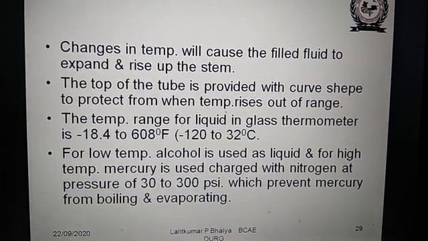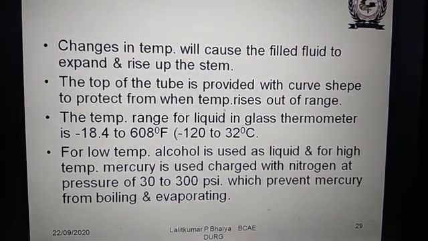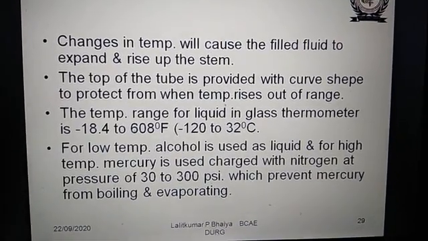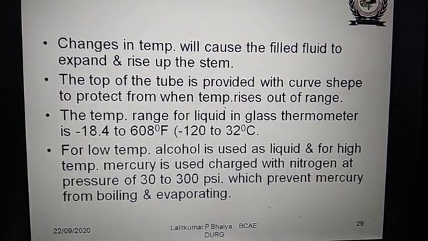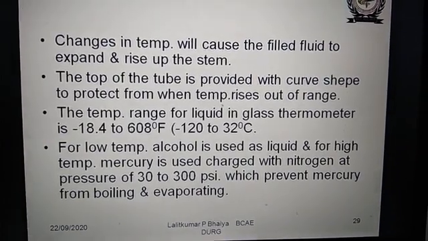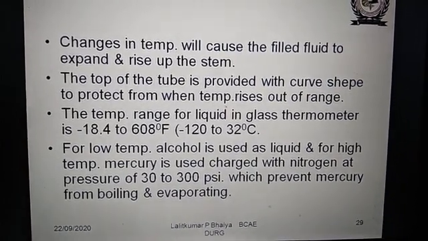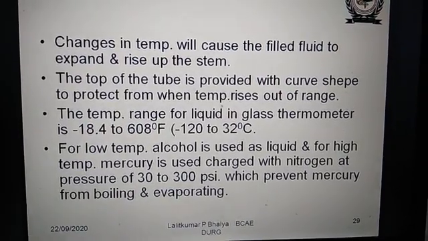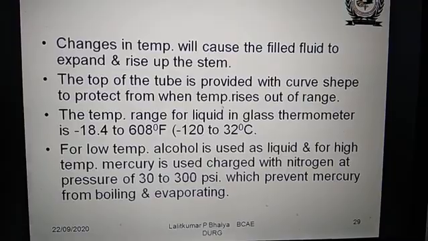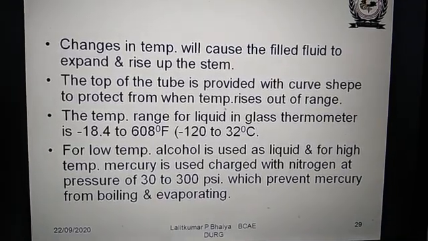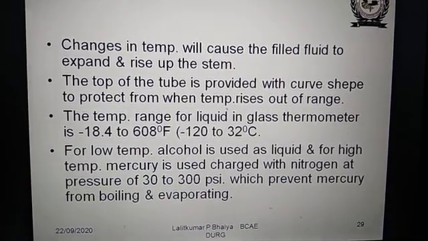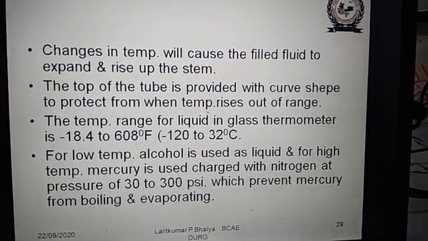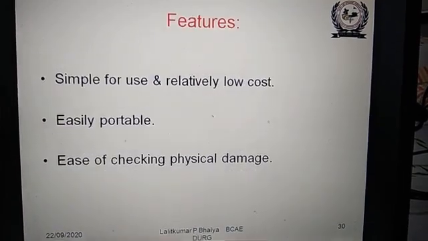For low temperature, alcohol is used as liquid in the glass tube, and for high temperature, mercury is used charged with nitrogen at pressure of 30 psi, which prevents mercury from boiling and evaporating. So these two types of liquids, mercury and alcohol, are used for the measurement of temperature.